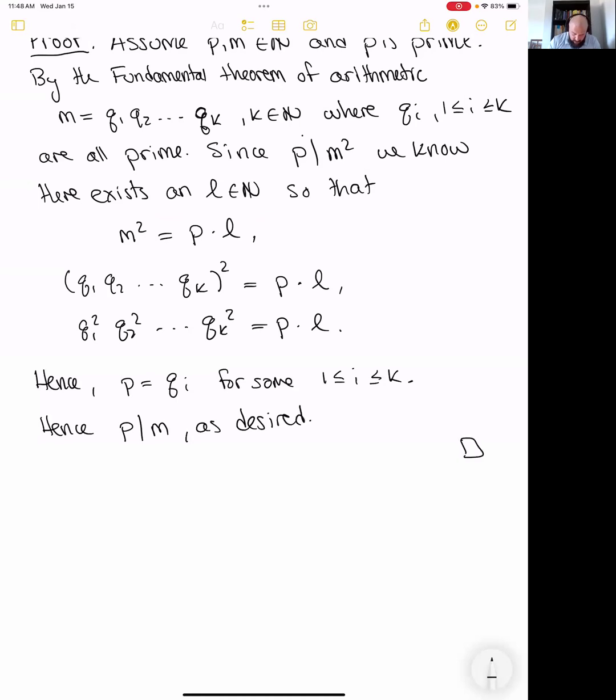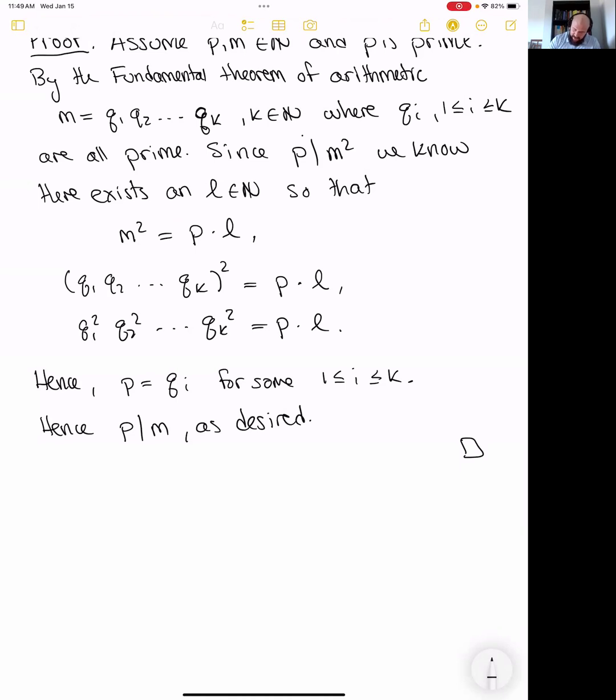Okay, so this is not the only way to prove this, but I like doing it this way because it kind of shows you the idea. As soon as you have to divide this and you can break it down into all these primes, then you can see that P has to be equal to one of the primes on the left, which means that it has to divide. You can see in the textbook that there's other ways to do this, but this is good for us right now.